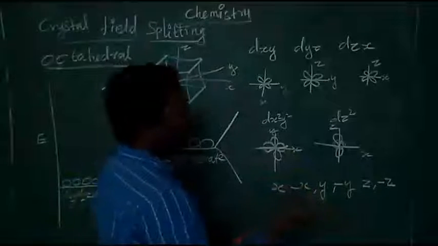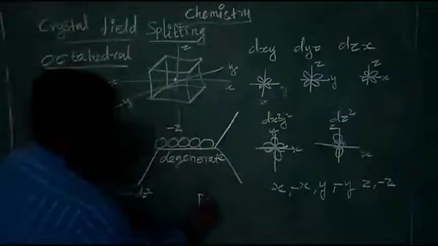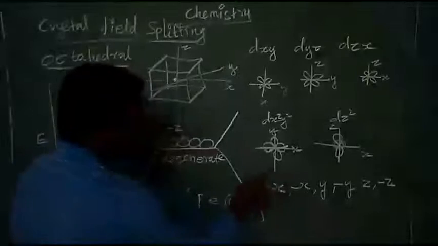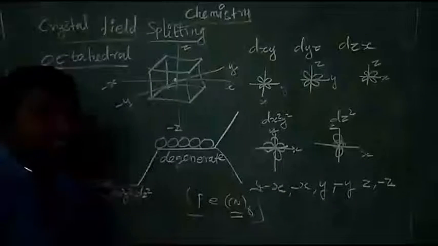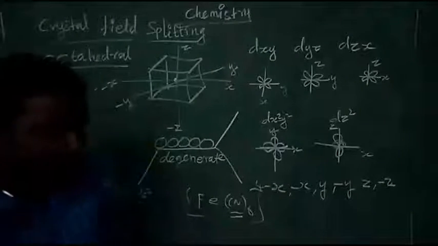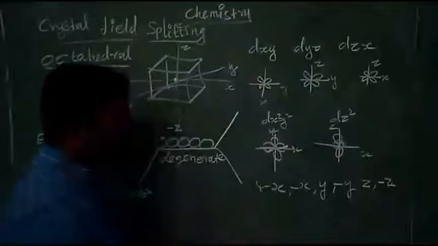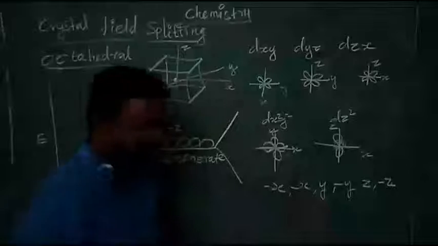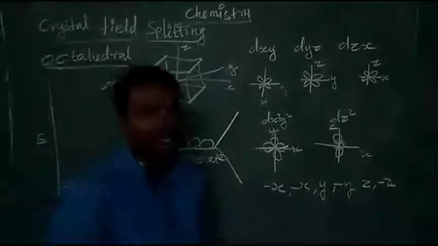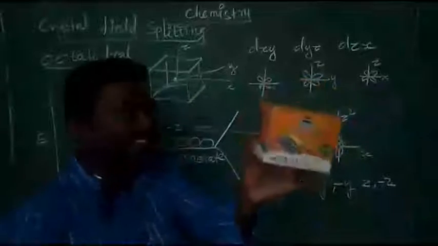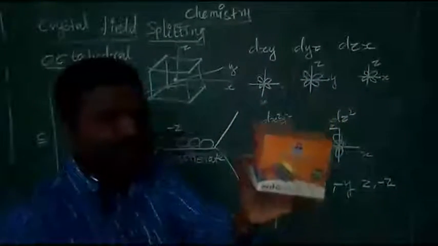You just remember one octahedral example: [Fe(CN)6]4-. We will have 6 ligands because the coordination number is 6. Then only we can say that it is octahedral shape. So how many ligands do we have? 6 ligands. All 6 are approaching the 6 axial positions.